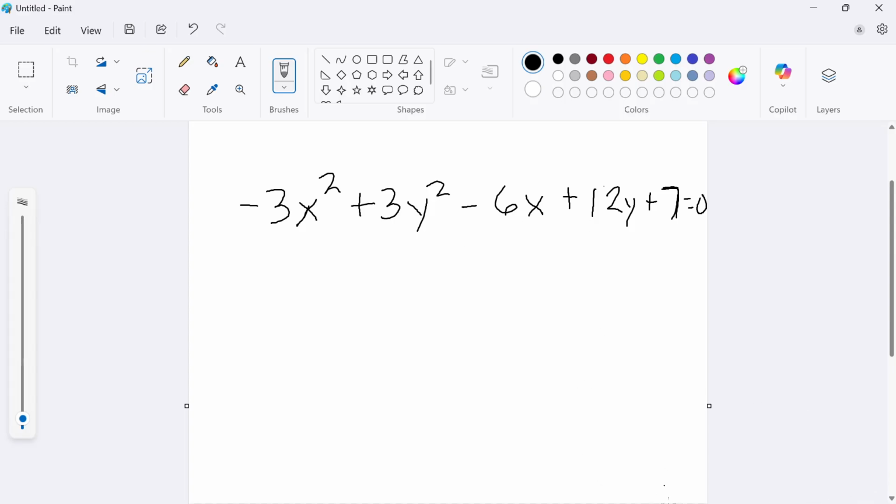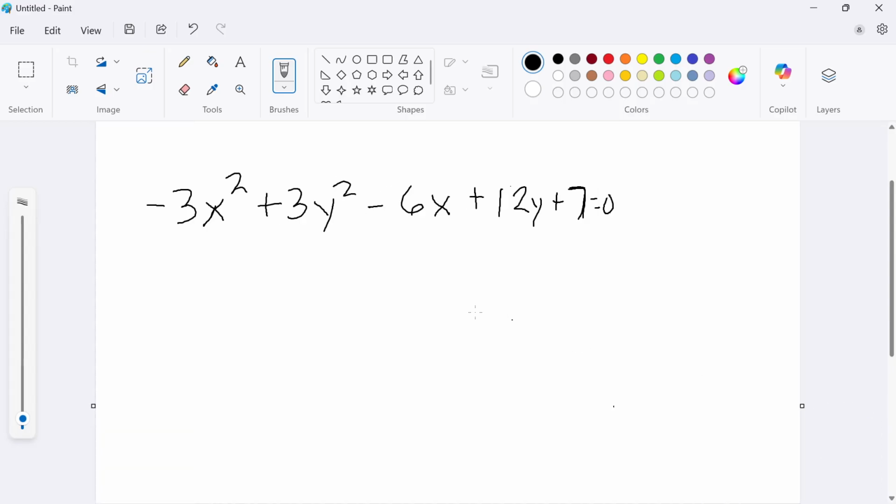I don't want to make it too complicated. So I can collect my x's: negative 3x squared minus 6x plus 3y squared plus 12y, and then put that 7 on the other side.